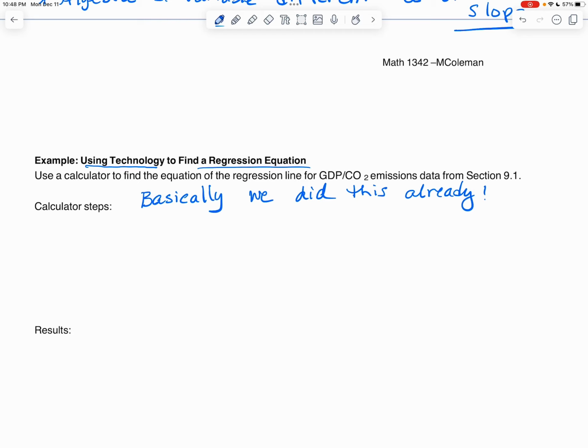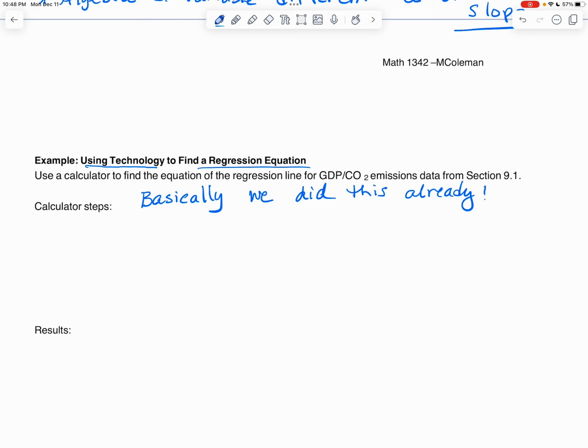So if we did this, we're going to get the answers off our calculator. So if we go back to our calculator, all right, we hit Stat, Edit, Enter to edit and enter the data. Then we're going to hit Stat, Calculate, so over 1.